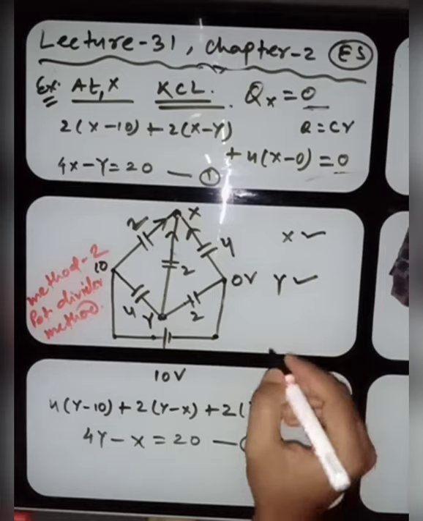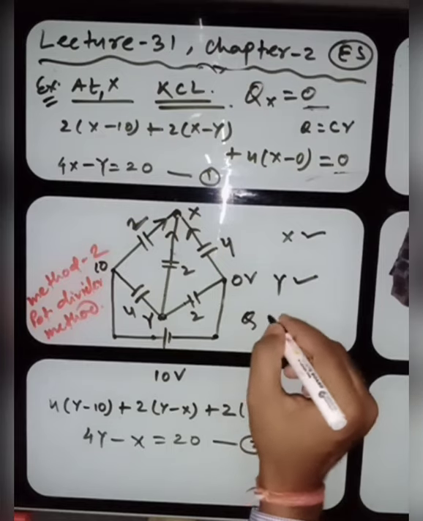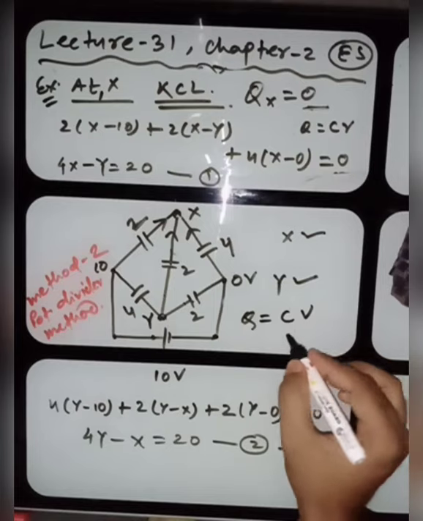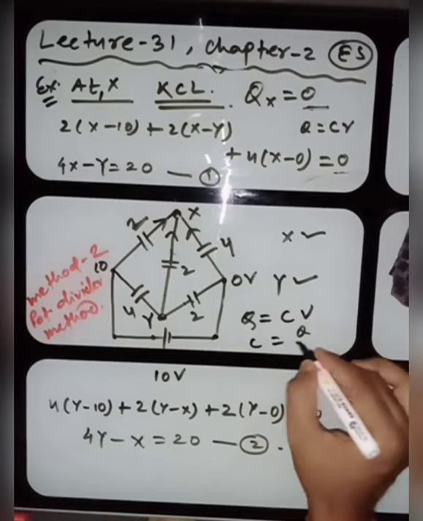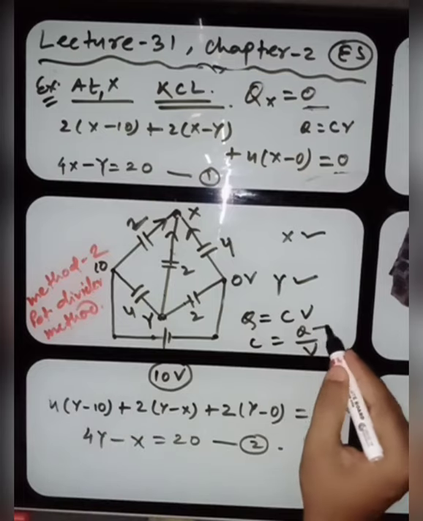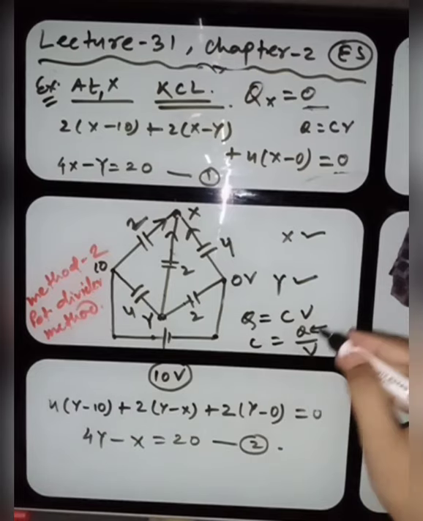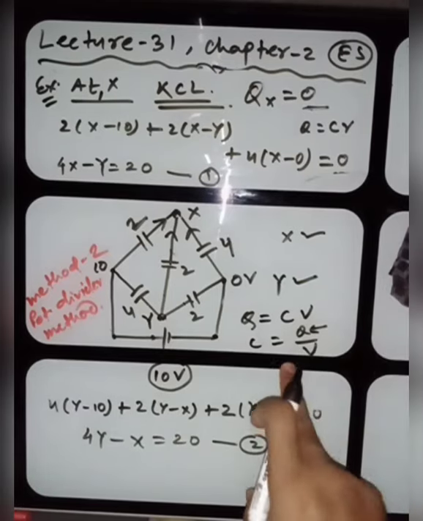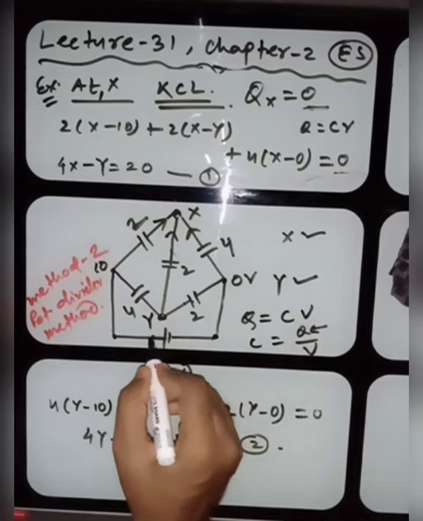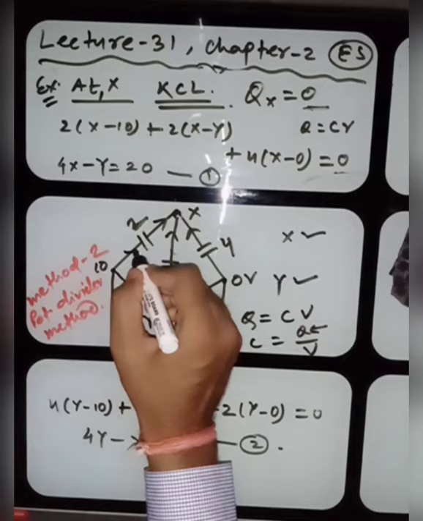Now what should be the equivalent capacitance? We know that Q is equal to CV, and C will be Q by V. We already have V, 10 volt. It means we need to find the charge. This battery is leaving the charge Q, which is dividing in two parts.